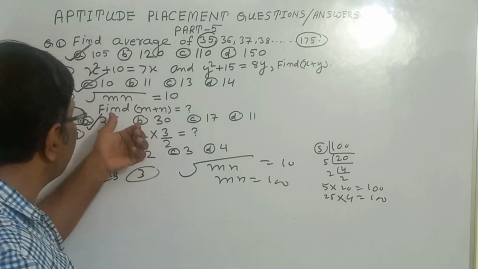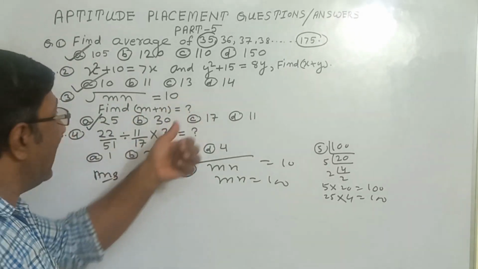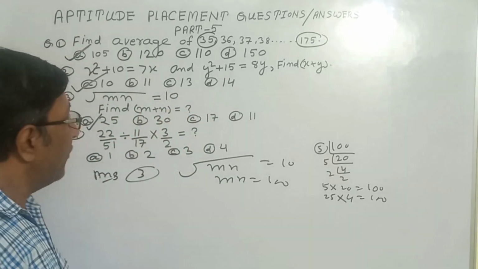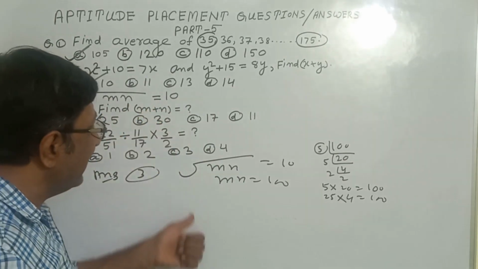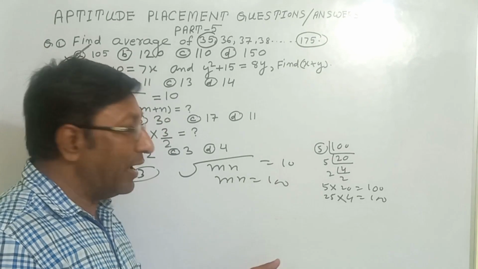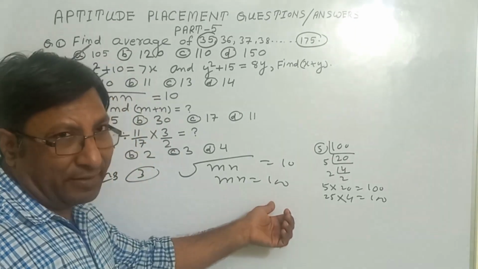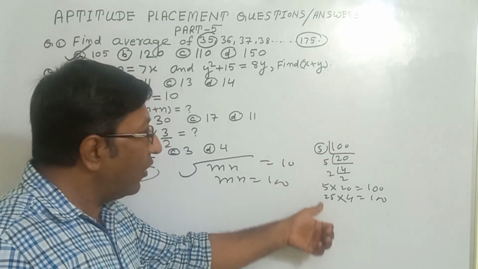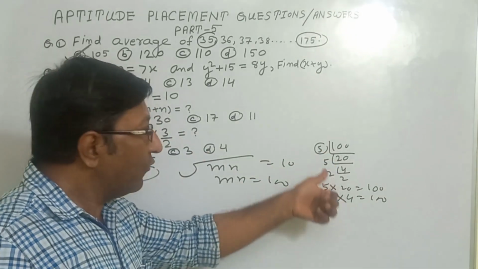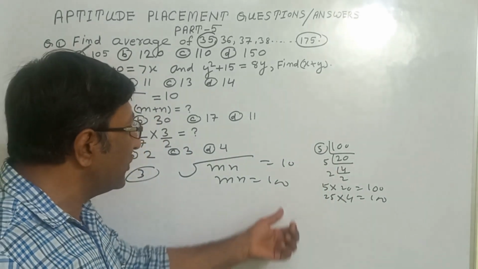So again you see, the square root of mn is given as 10 and we find m plus n. For this type of question, a simple tricky approach: root mn is 10, so mn is 100. Now you check how many pairs have a product of 100. First we take the factors: 5, 5, 2, 2. From these 4 factors you make 2 pairs whose product is 100.